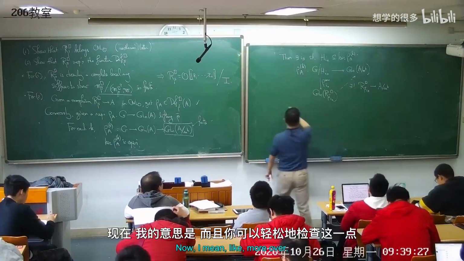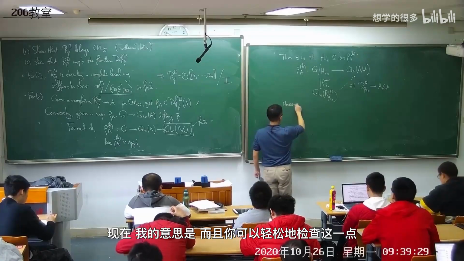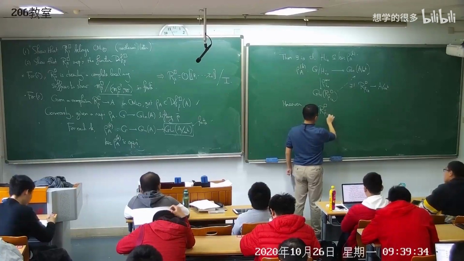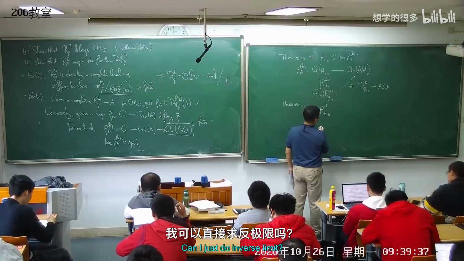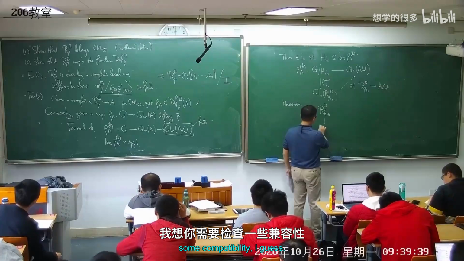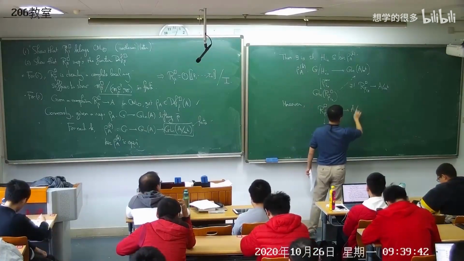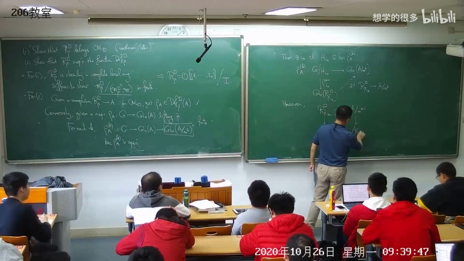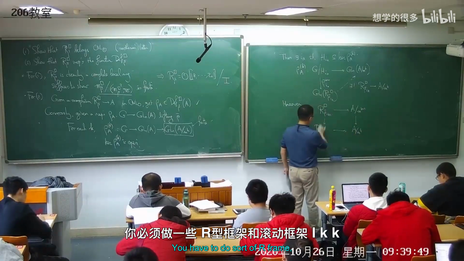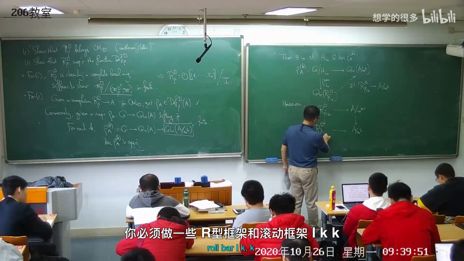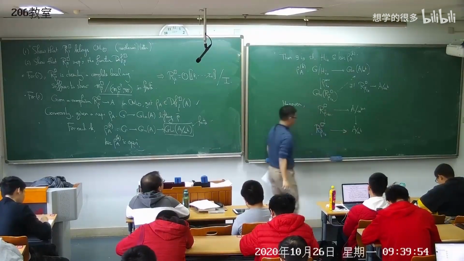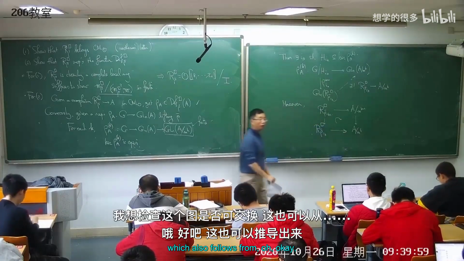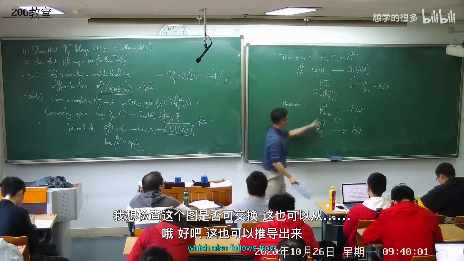So I have a unique ring homomorphism from R_ρ̄|_{i_k}^frame going to A mod m^k. Moreover, you can easily check some compatibility. If you have a k plus 1 here, this maps to the k level, and I want to check this diagram commutes, which also follows from the universal property.